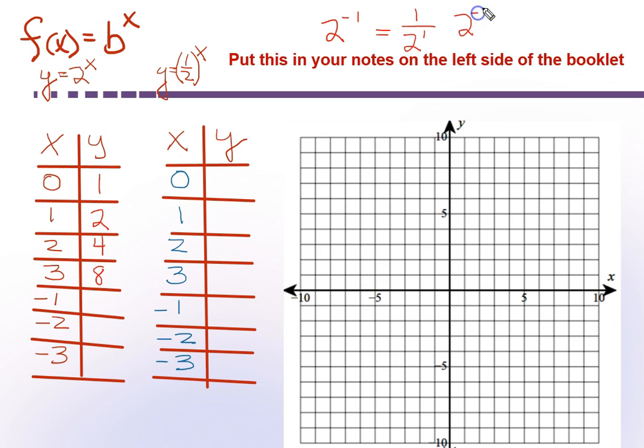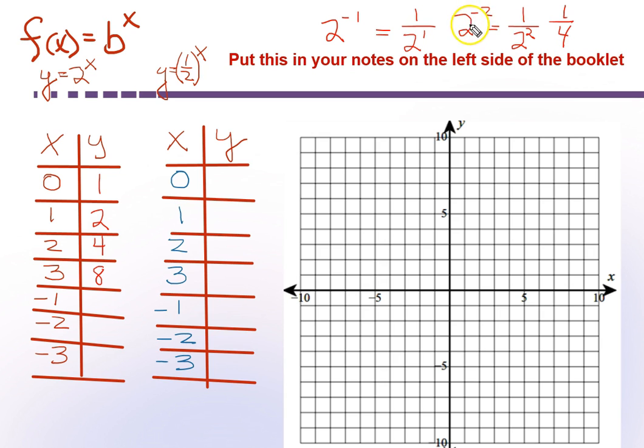Okay, now let's do the next one. 2 to the negative 2 will become 1 over 2 to the second. Bringing it down to the denominator changes the sign of the exponent. And what is 2 to the second? It is 4. Okay, 1/4. So 2 to the second is 4.